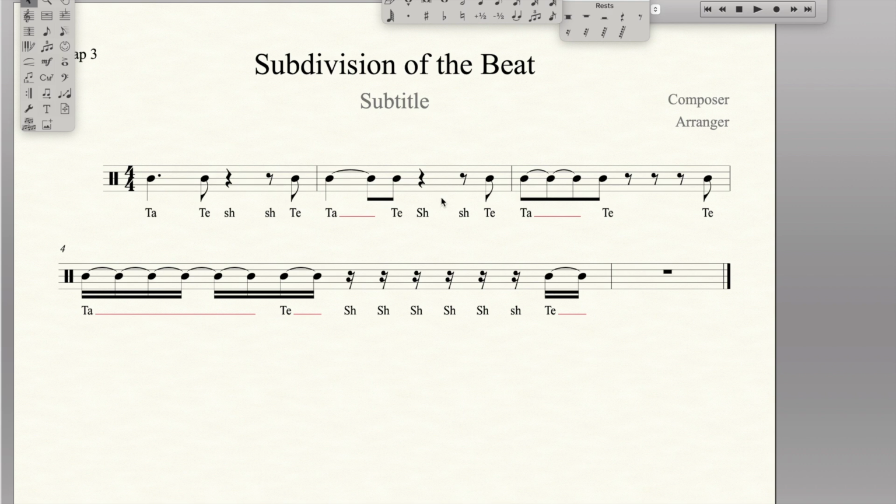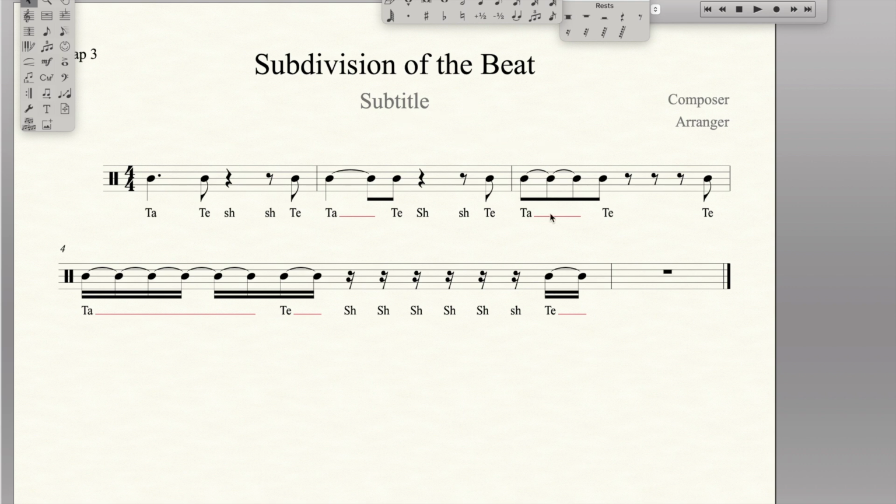So this is another way to write it. It's very similar, but instead of using the dot, I'm using the tie to show exactly where the beat is. So it's still the same: ta, take, sh, take ta, take, sh, take.